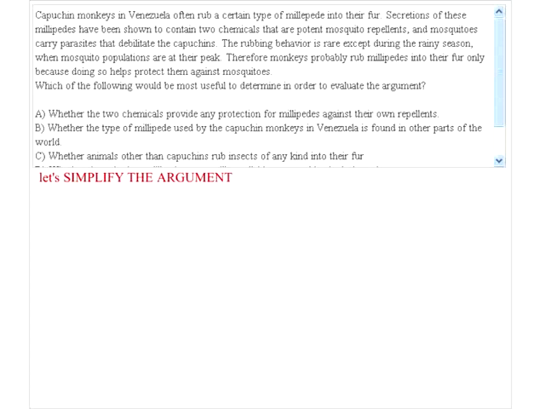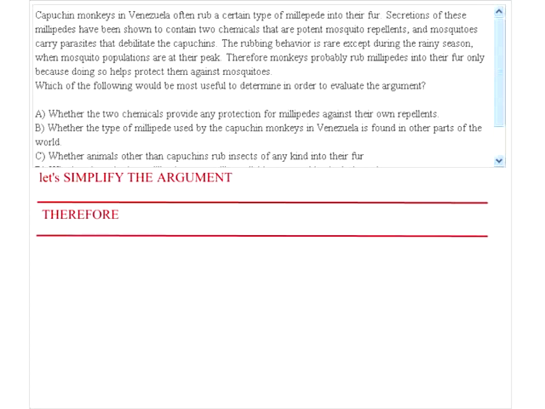You can't just give the conclusion. So if you want a template to fill in, you should have a blank, therefore a blank. So let's go ahead and fill this in.